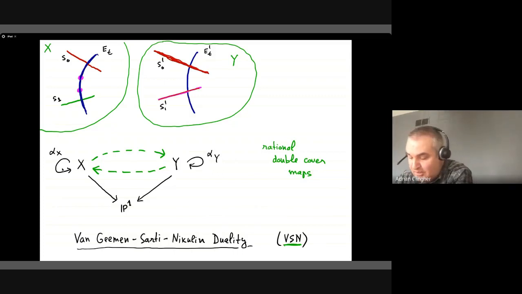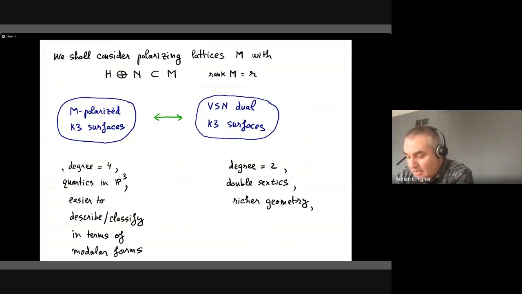And the relation between these two K3 surfaces is going to be given by two rational double cover maps. So essentially, we have fiber-wise two isogenies going in one direction and in the other.